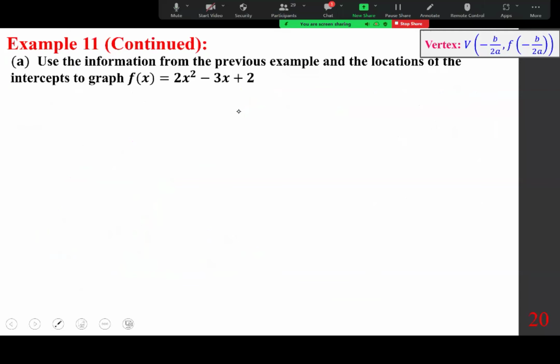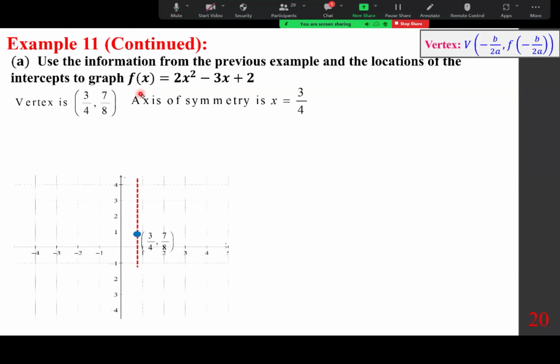And now we want to use the information from the previous example and location of intercepts to graph this. First of all, this was the vertex, 3/4, 7/8, and the axis of symmetry. So the information from before, A is 2, we know it opens up.